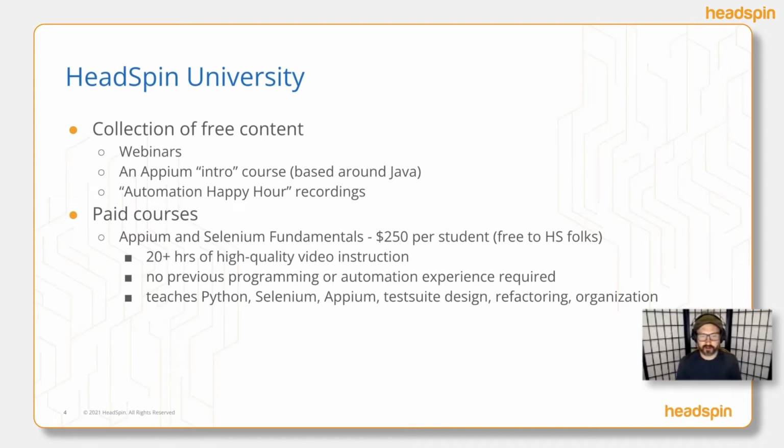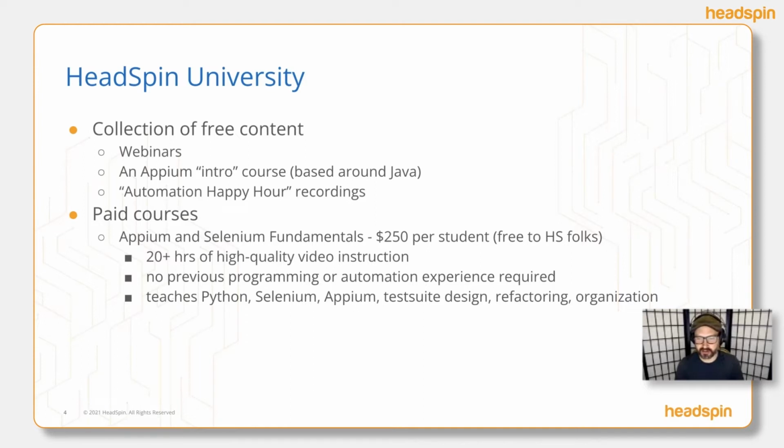And I've gotten pretty good feedback on just the Python fundamentals module in the course as well. So it seems like it's working for folks that either have no experience or have just had a little bit of experience. And it teaches Selenium for web browser testing, Appium for iOS and Android testing in a bunch of different modes. So the Appium portion is one of the longest sets of modules in the course.